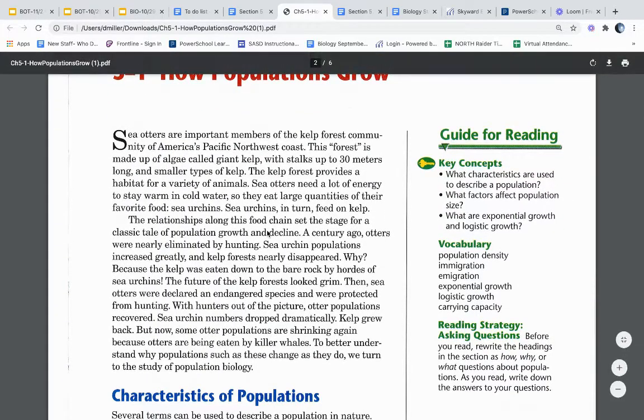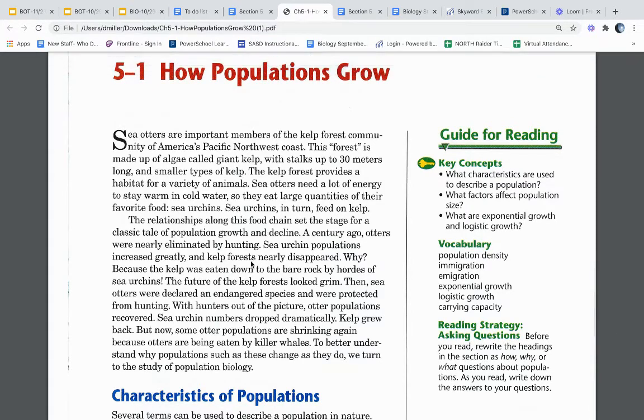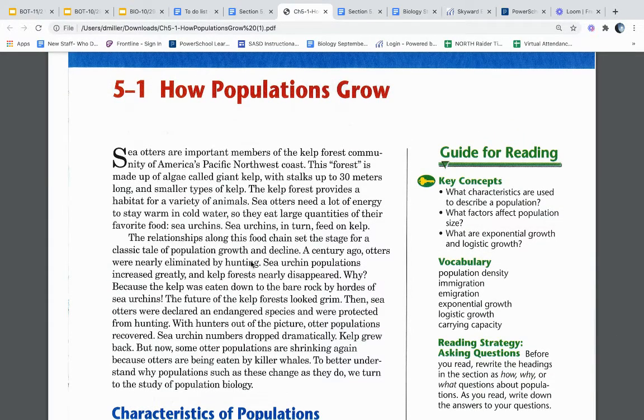Chapter 5, Section 1. How do populations grow? Sea otters are important members of the kelp forest community of America's Pacific Northwest coast. This forest is made up of algae called giant kelp, with stalks up to 30 meters long, and smaller types of kelp.